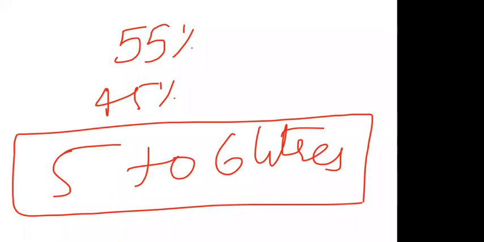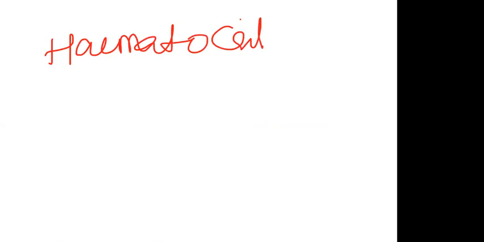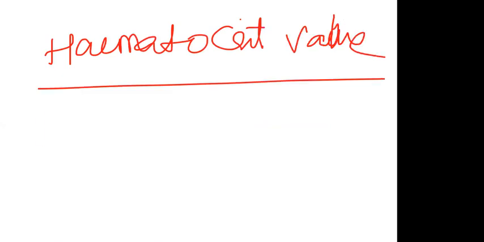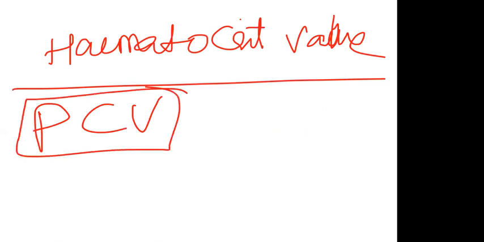The percentage of total volume occupied by RBC is called hematocrit value or packed cell volume. Hematocrit value, that is very important. Just take a look here. Packed cell volume or PCV.